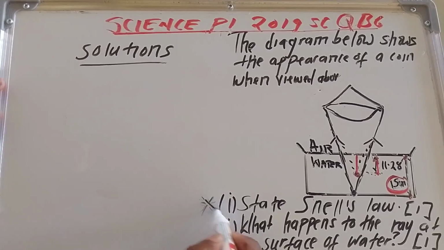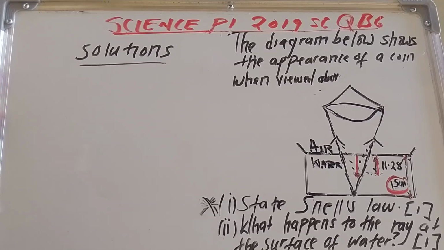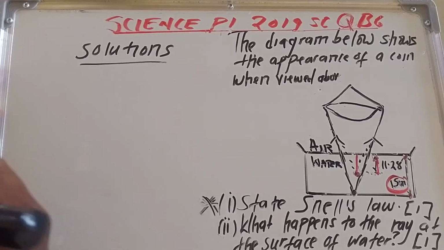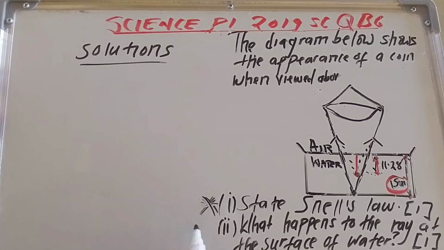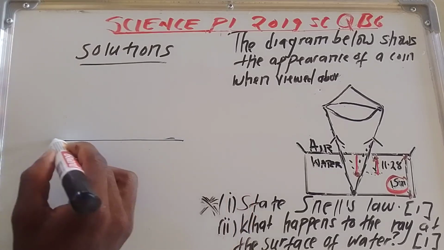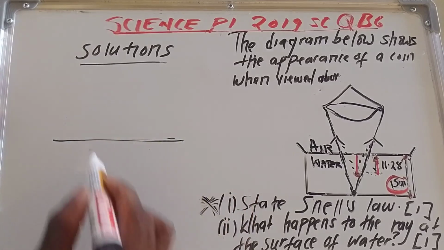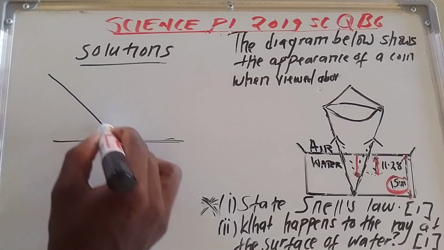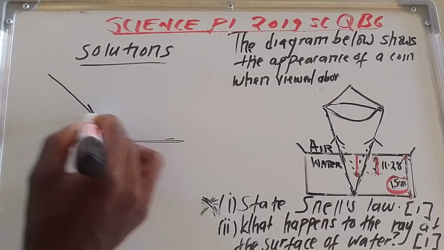Alright, so before we can even answer that question, I want us to understand some concepts. These concepts are very, very important in such a way that you need to know them whenever we are talking about light. Okay, so let me just draw a certain diagram here. Let's say, for example, this is a boundary, and then we have a ray of light coming from this side.